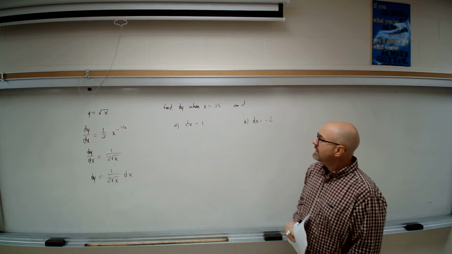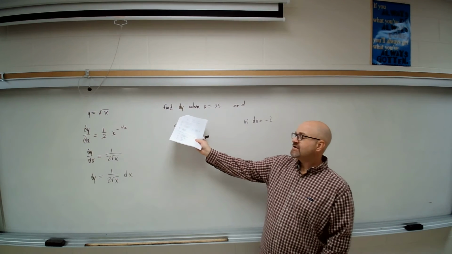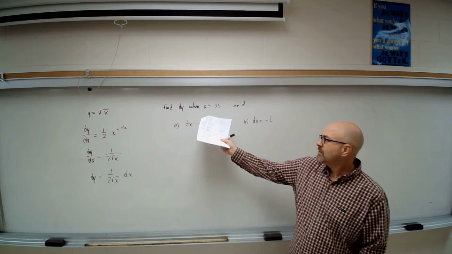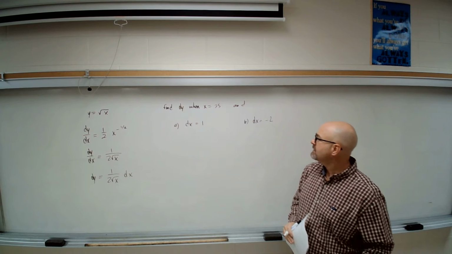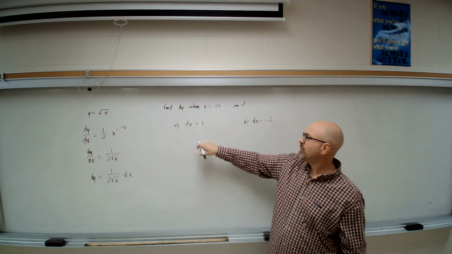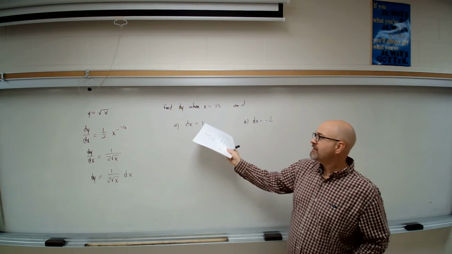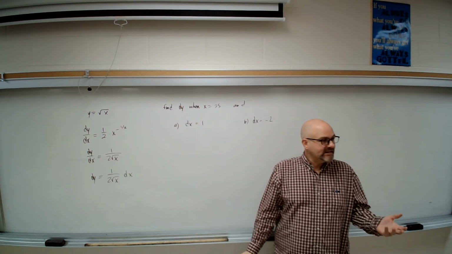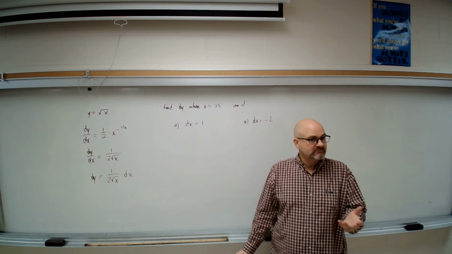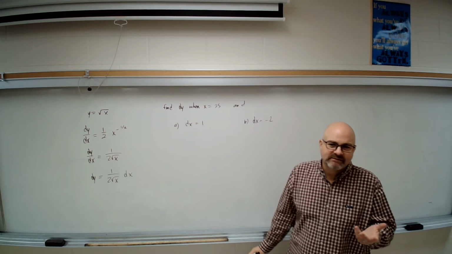Now, we're asked to find the change in y, dy, the differential, when x is equal to 25 and dx is equal to 1. So 25, if you add 1 to it, you get 26, correct? I mean, yeah, that's how you add stuff.